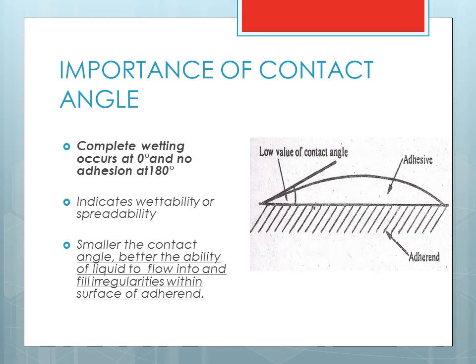So that's the importance of the contact angle. Again, this is a diagram of the adherent and adhesive, and the angle forming between these two surfaces is the contact angle. In this case, it's a low value of contact angle. That's why the adhesive is spreading intimately and properly, like we want it to, over the adherent surface.